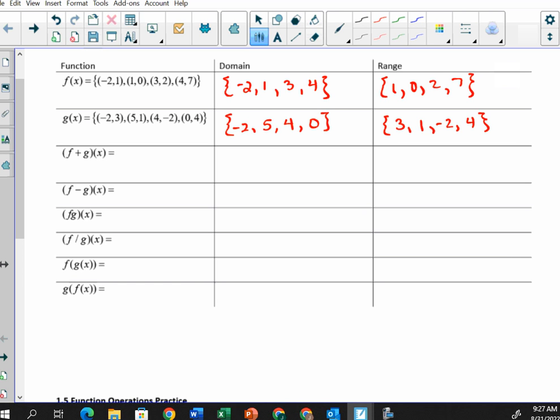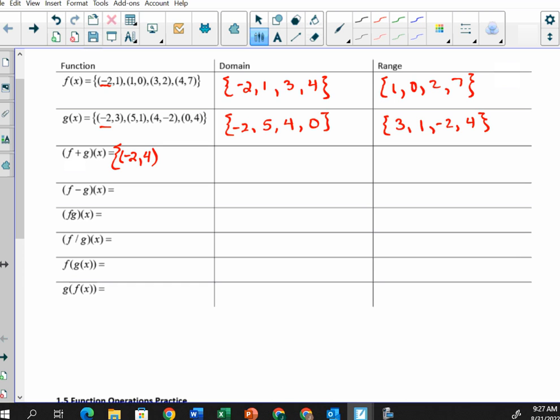I have a -2 as an x value in f of x. Do I have a -2 as an x value in g of x? Yes. So I know I'm going to have the point -2 something. I then add the y values, because that's the operation. What is 1 plus 3? 4. Actually, I think it's 5.